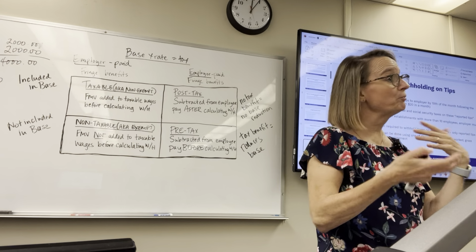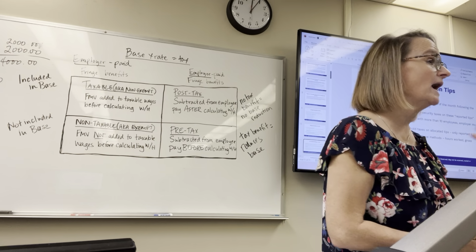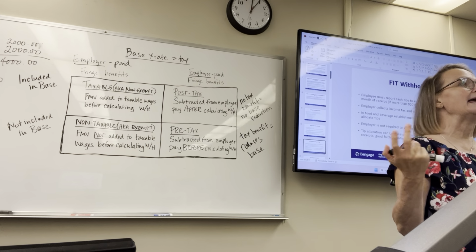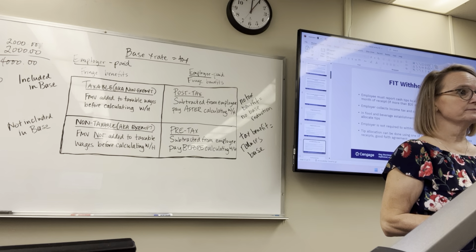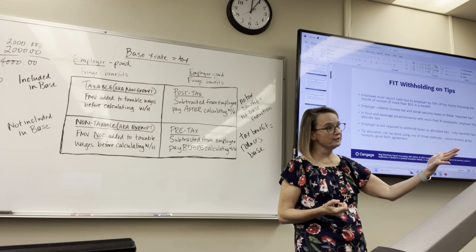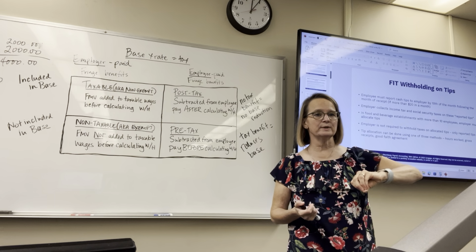If, however, you're reporting actual tips, so they're not allocating them, but it's actual tips, so you made $800 in tips during the month, the employee has to report those to the employer by the 10th of the following month.